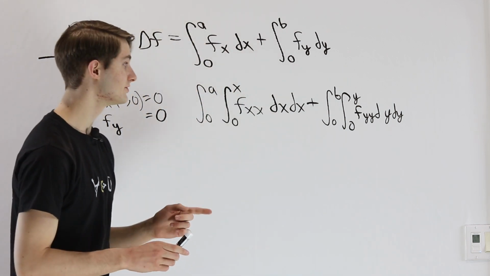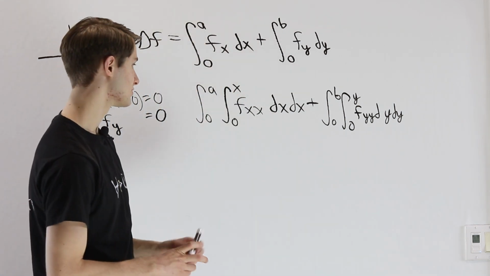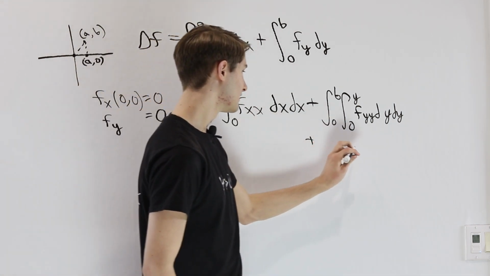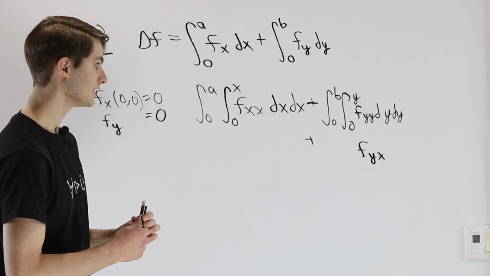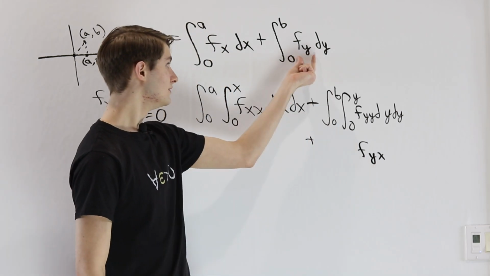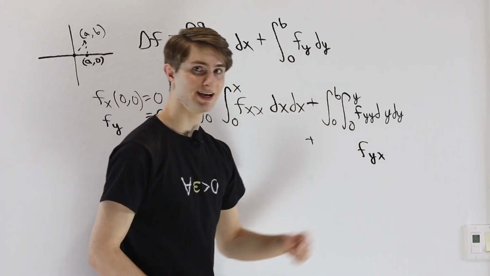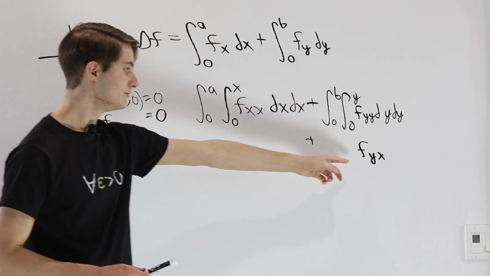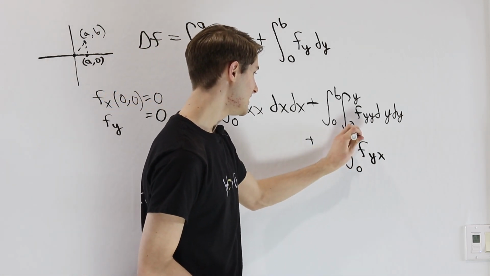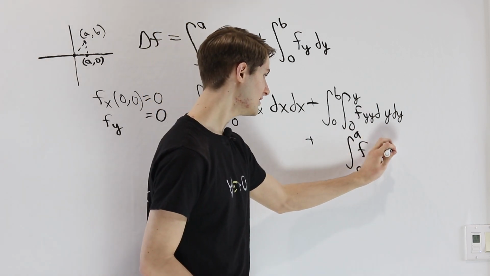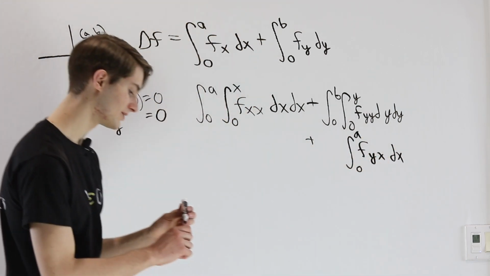And therefore, we have to consider one other mixed partial derivative, which is the derivative f sub yx, which is talking about how f sub y changes when x changes. If we assume this is a constant value, we can take the integral from 0 to a of f sub yx with respect to x.